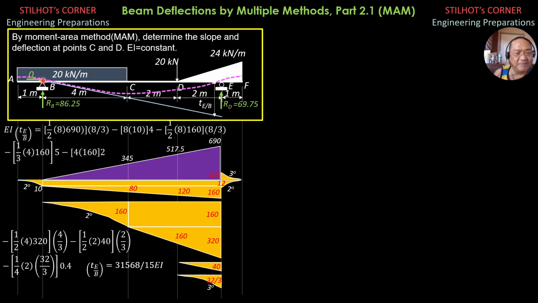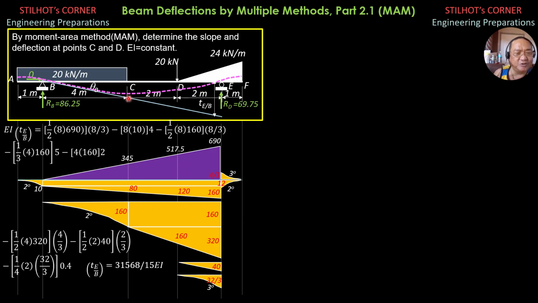Since the slope at B is sloping down to the right, theta B is negative as shown. And of course, considering this triangle, the vertical height is 4 meters times theta B, this one.